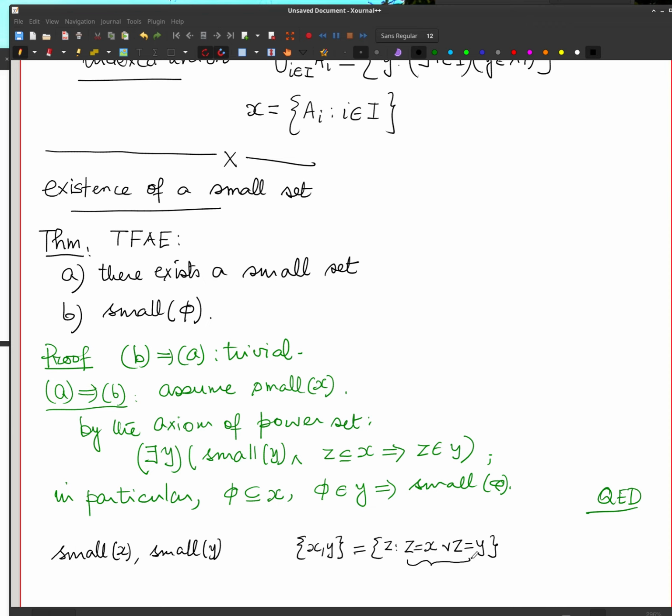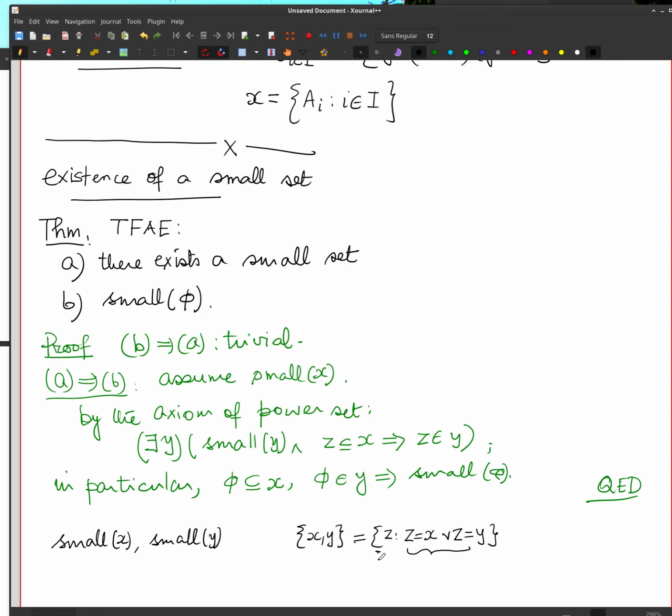So this is a formula which involves z as a free variable, and so the axiom of set building tells you that there exists a small set such that this is true. Z is small and this statement is true. So there exists that small set, and the collection of that small set is actually xy. Okay, so you can make this.